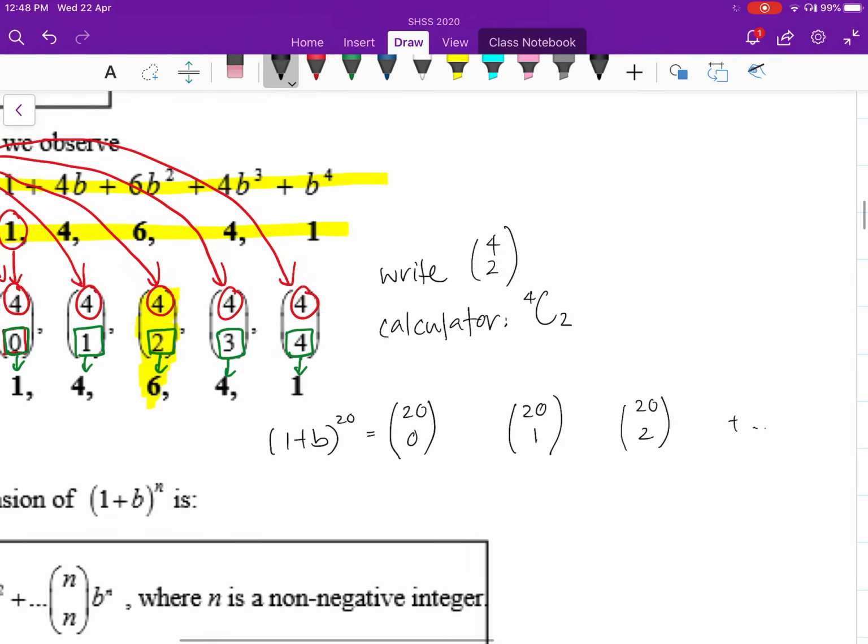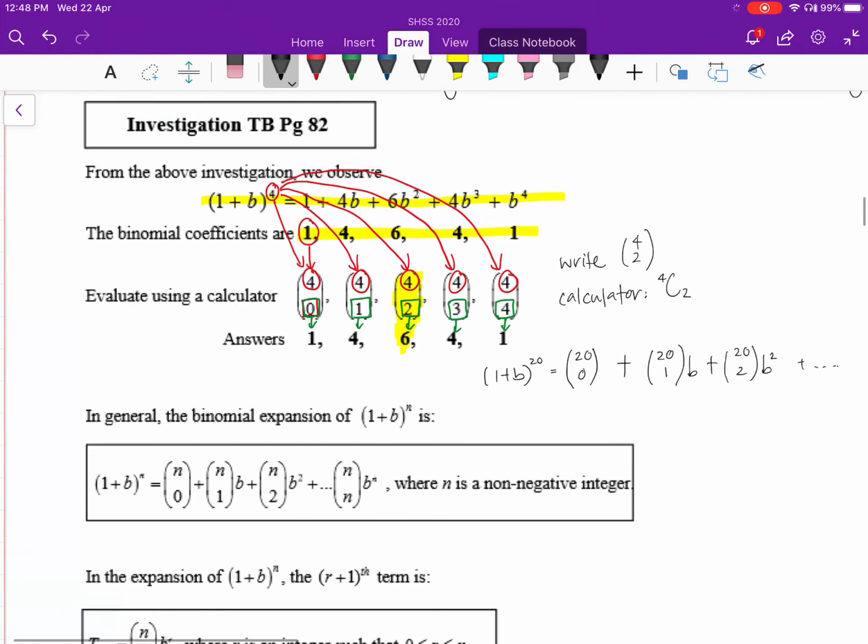Of course, this one is 20C0, plus 20C1 with b, plus 20C2 with b squared, and so on. So we know the binomial coefficient of all the b's, the numbers that we put in front of the b. Alright, so this is an efficient way to do it.